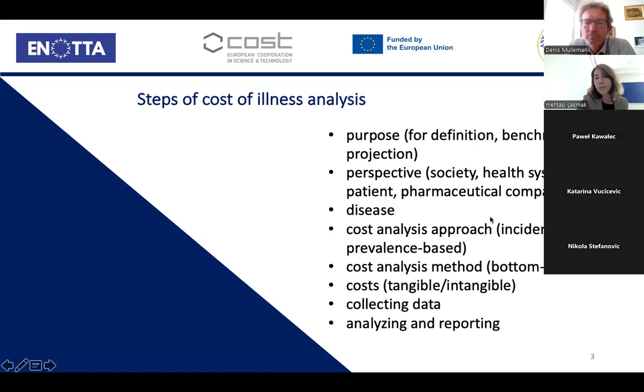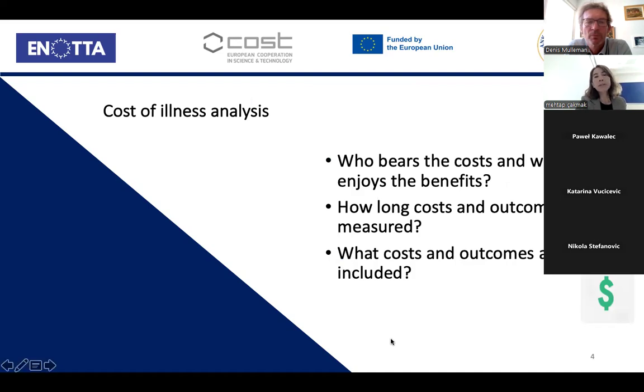And then we should go with the specific disease, and then we should decide the cost analysis approach. This can be incidence-based or prevalence-based. And then for the cost analysis method, we should choose bottom-up or top-down. And then we should list the costs, tangible and intangible costs, according to our perspective. And we should collect data, analyze, and report our results.